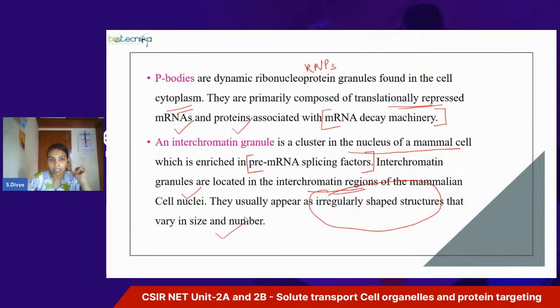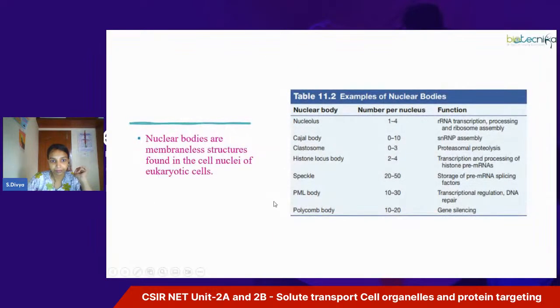Apart from this, Cajal bodies are responsible for snRNP assembly, that is small nuclear ribonucleoprotein assembly. Then you also have clastosome, speckle, PML body, polycomb body, histone locus body. You can expect a question from here, mostly in the form of 2 marks, and sometimes in combination, statement based.